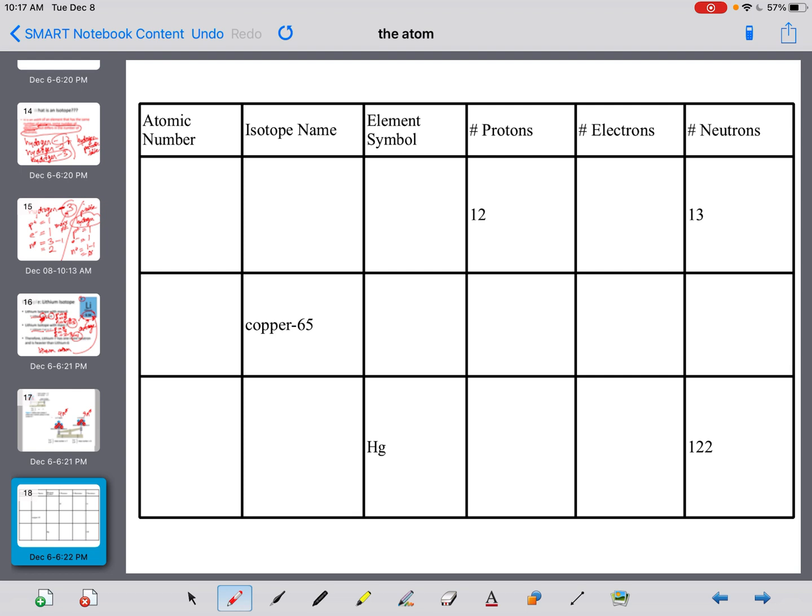Okay, so we're filling in this chart, but I want you to notice that we're looking at isotopes here. And actually, the format of the way this is written is like an isotope. So copper dash 65. Remember, isotopes are always the element, it could be the symbol or the name, a dash, and then the number for the mass.